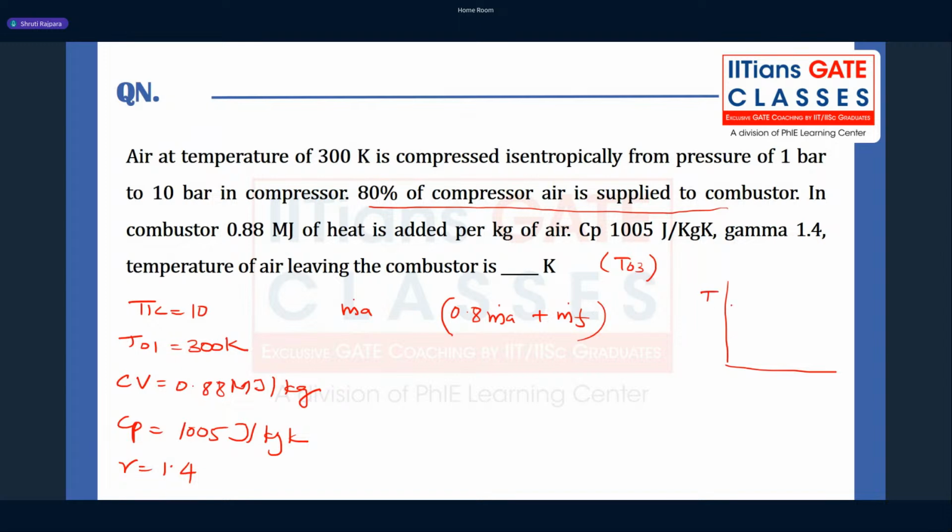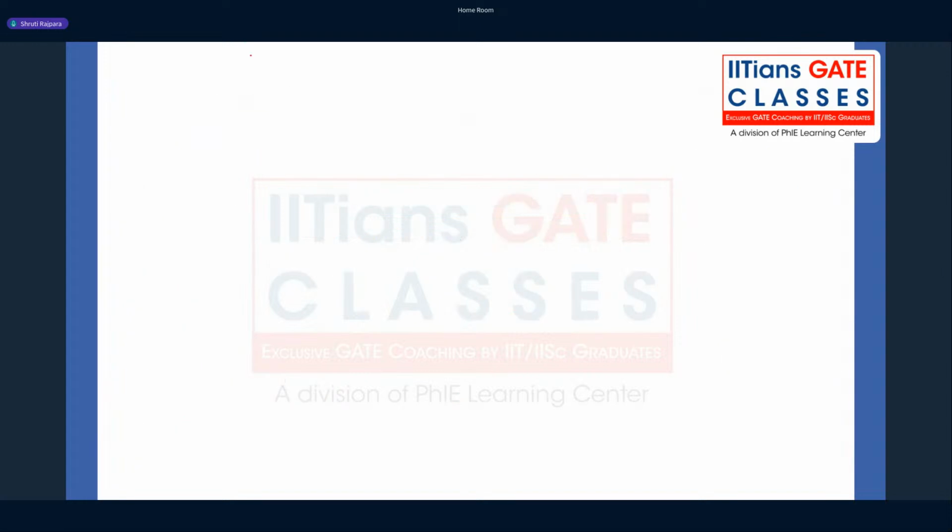You see through the TS diagram. This is the compressor, this is the combustion chamber. So the temperature leaving the combustor is the station 3, so T03. So what we'll do is we'll try to do an energy balance in the combustor.